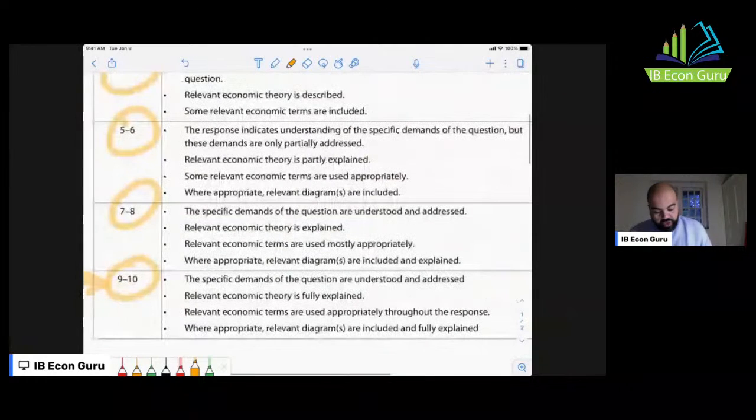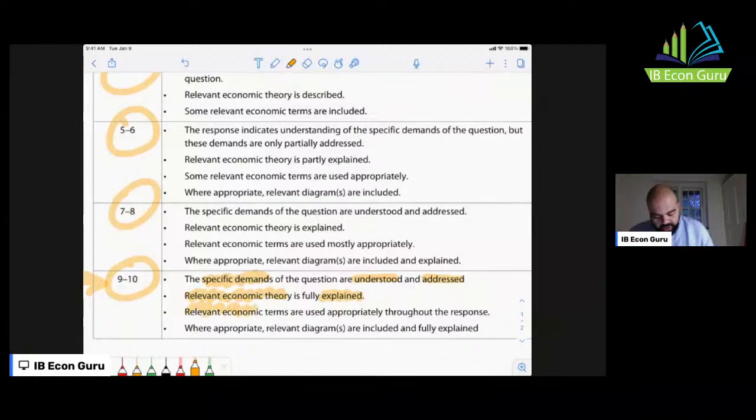You need to make sure that you have understood and addressed the specific demands of the question, and that relevant economic theory is fully explained. So you have the economic theory most relevant to the question, and you've fully explained it.